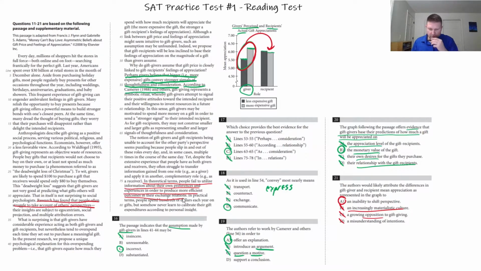Okay. So even though people jump in and out of the role of gift giver and gift receiver all the time, they have a hard time getting out of their own head and realizing, oh, I wouldn't care how much someone spends on my gift, so someone else isn't going to either. And yeah, that's an inability to shift perspective.